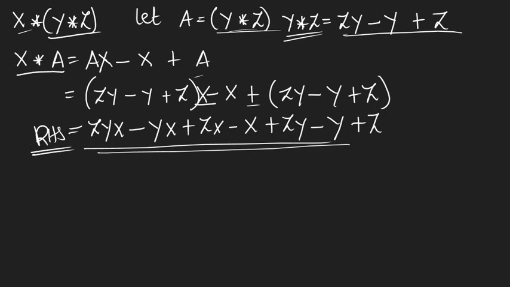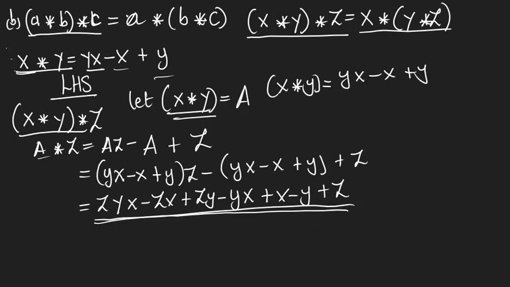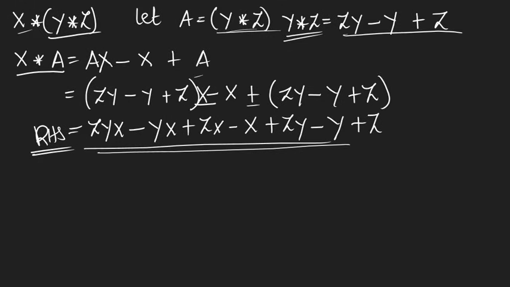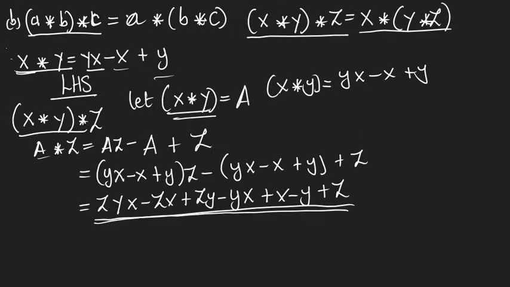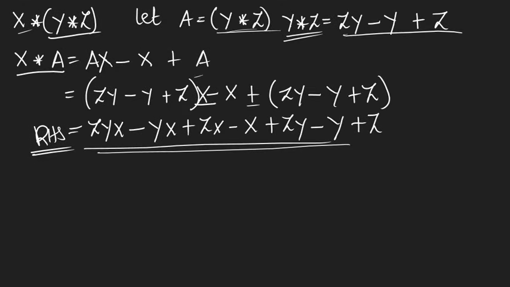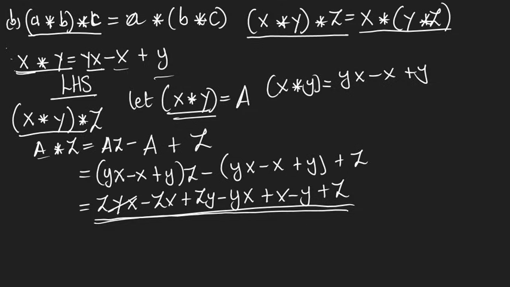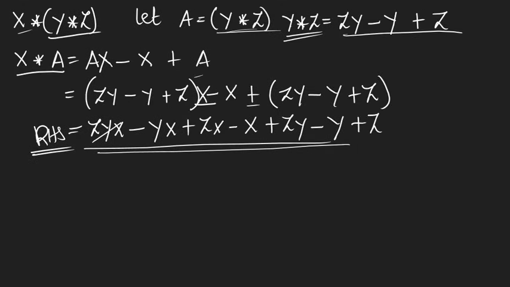Now let's try to see what is similar. Okay, so here we've got zyx, here we've got zyx, so we can cancel this, and that cancels. We see on top here, this is minus zx, okay? Here we do not have a minus zx. Instead, we've got a positive zx.